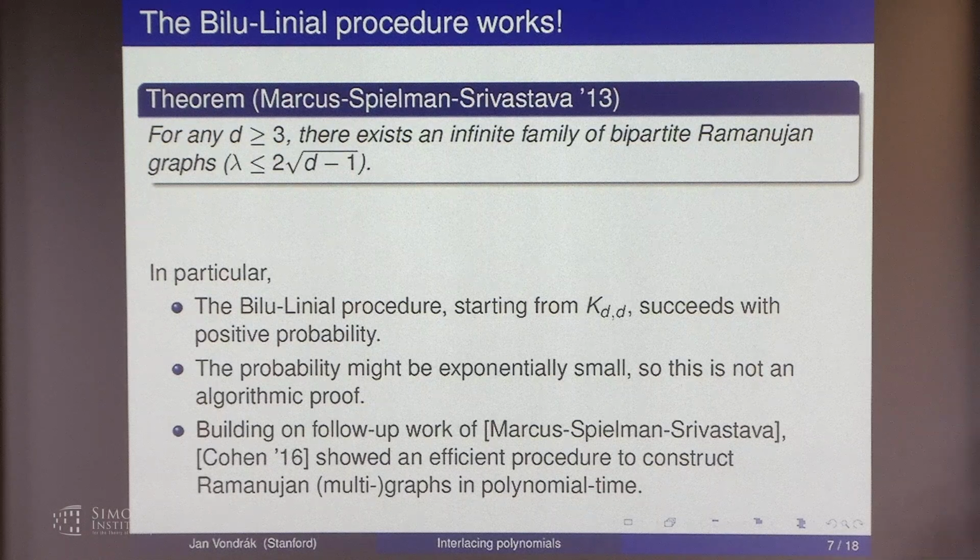Later, there was follow-up work by Marcus, Spielman, and Srivastava, and building on that work, Michael Cohen showed an efficient algorithm to construct Ramanujan graphs. That's very interesting. Maybe Nikhil will discuss it later, or it will certainly come up later in this semester. So this result has been made algorithmic. But let's talk now about the existential result.